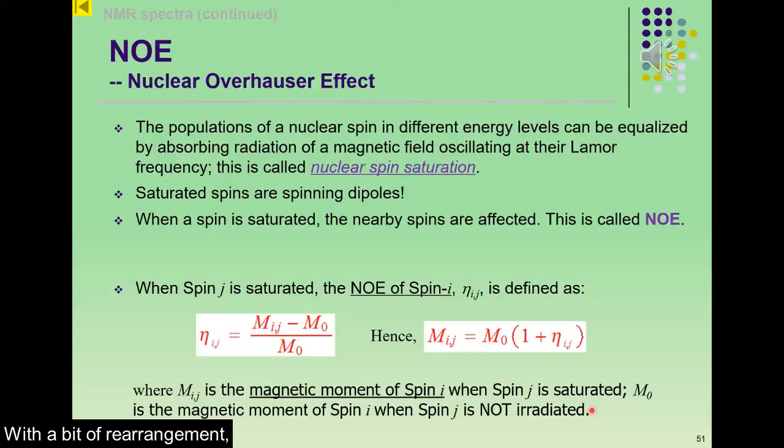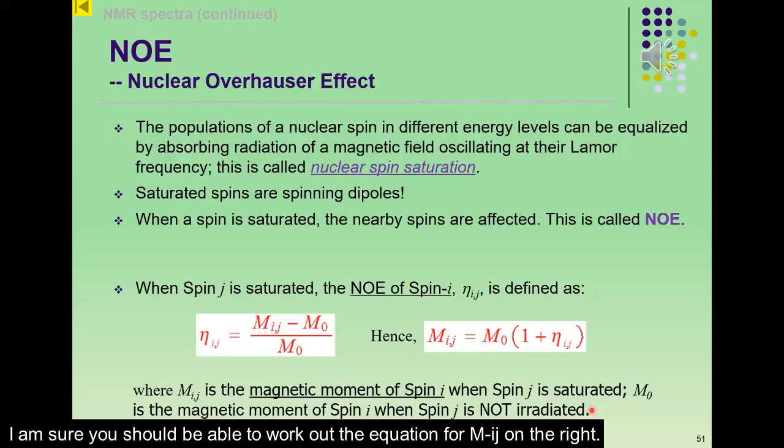With a bit of rearrangement, I'm sure you should be able to work out the equation for M_ij on the right.